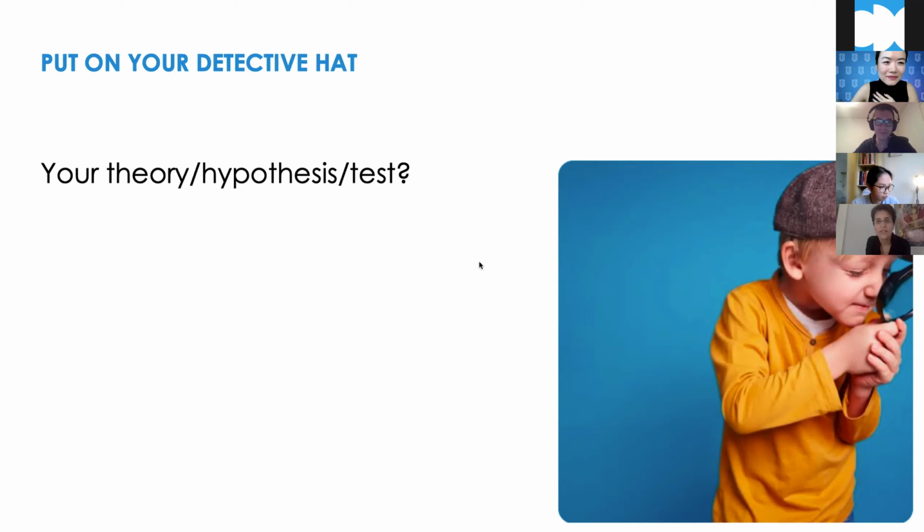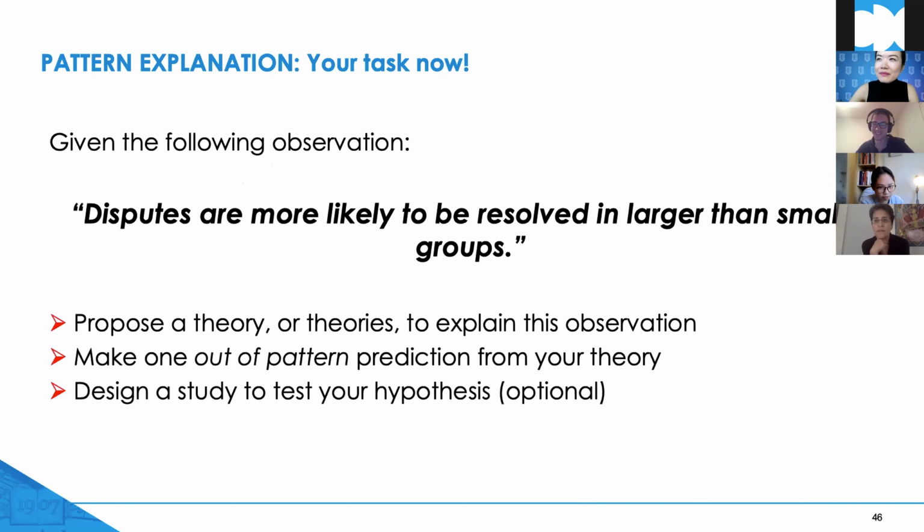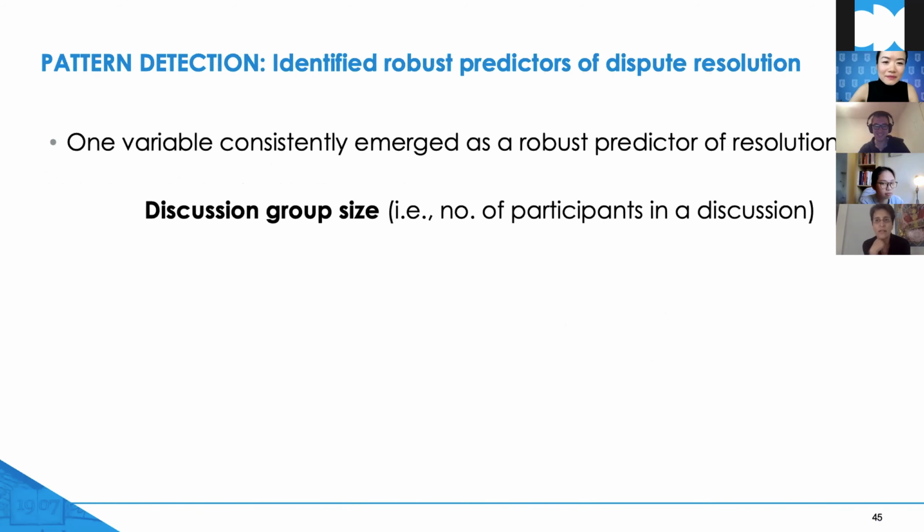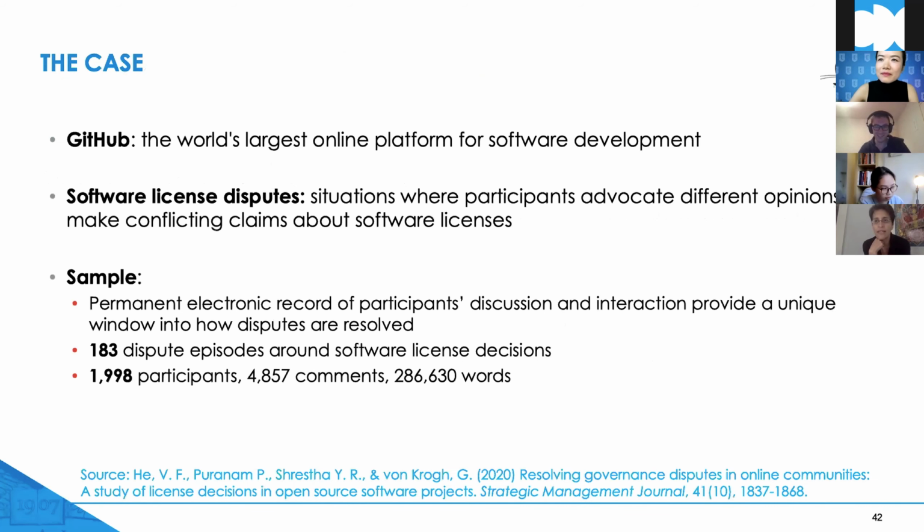I'll volunteer to summarize what my group came up with. It actually overlaps with some of the ideas of the previous groups. So one idea was that the larger groups are going to have more diversity of background information and knowledge about the task. So you're going to have more solutions proposed for decision alternatives.